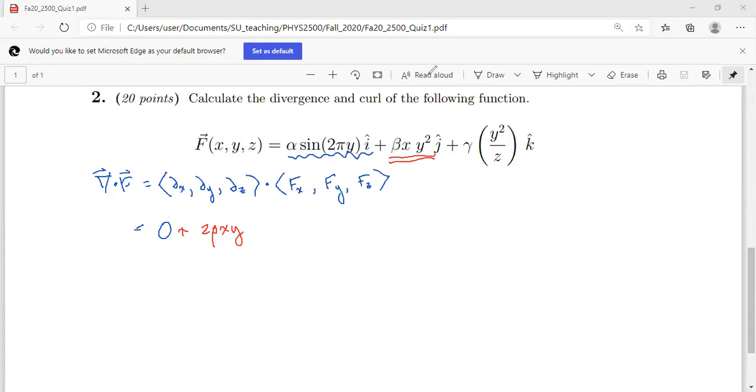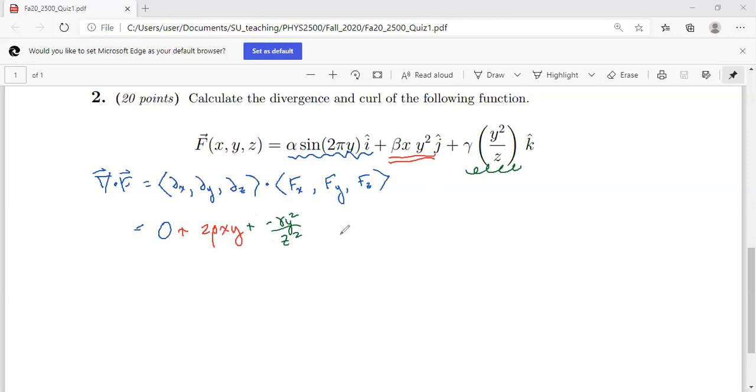And then here we have gamma y squared over z, so d Fz by dz. There is something that depends on z. We'll get a minus sign, so minus gamma y squared over z squared. Is that right? That's right.